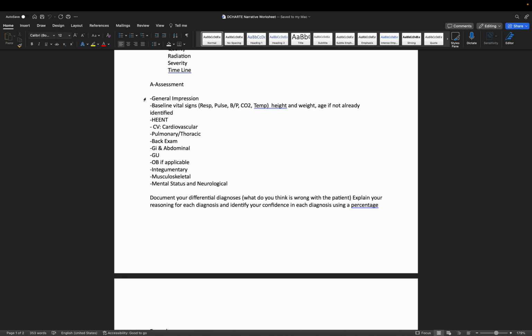You want to document it in a systematic manner, and you want to do it pretty much the same way every single time you document, and then you get in the habit of developing a specific paradigm that works for you. And this is a paradigm that you can use. If you choose not to use this, you need to choose some sort of systematic approach that is similar to this, that covers all of these components.